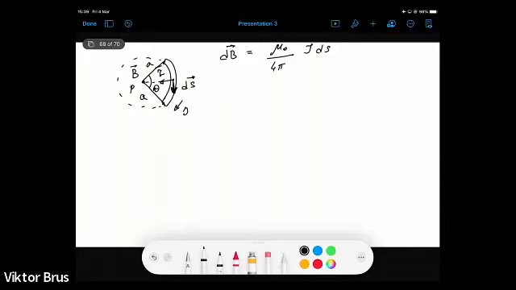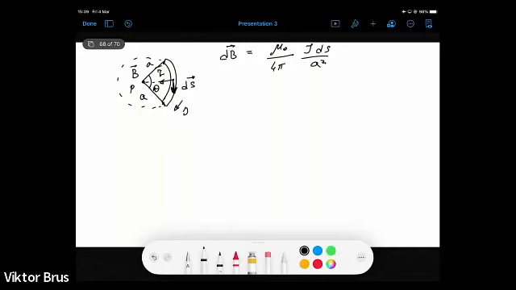So there is pi over 2, sinus pi over 2 gives us unity, so we just don't write it. And here we need to divide by the distance between the length element and point P, where we determine magnetic field vector. That is actually the radius of this circle, so that is a squared.